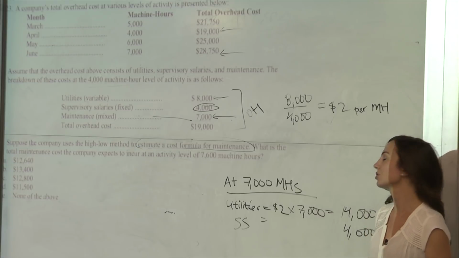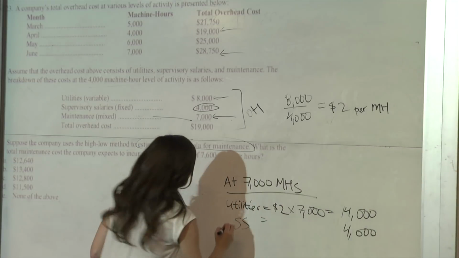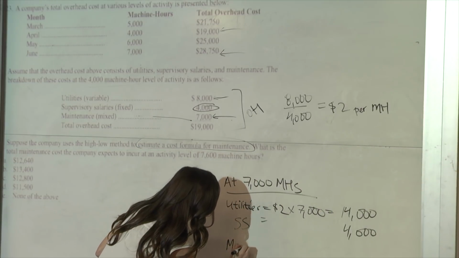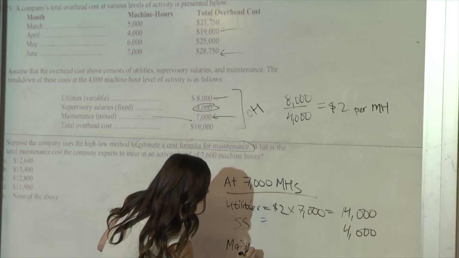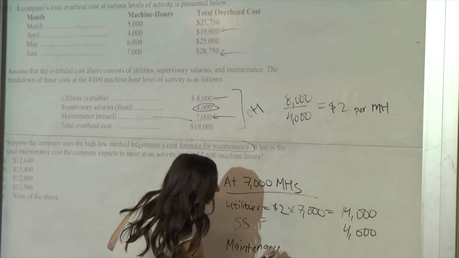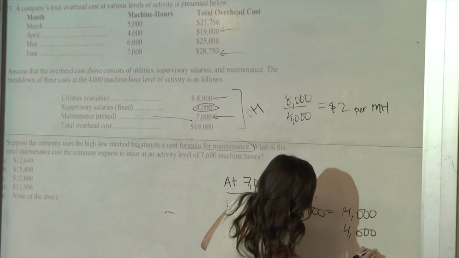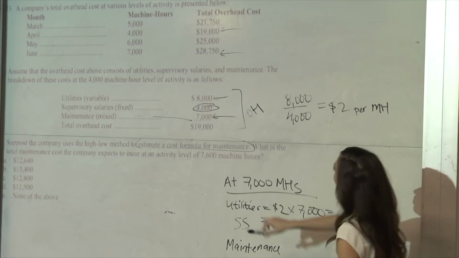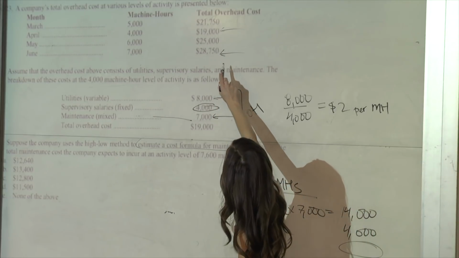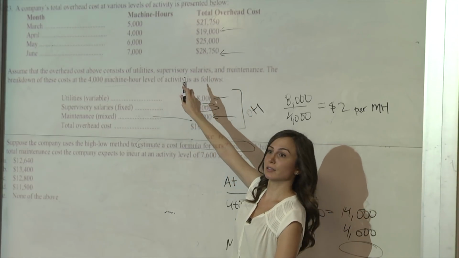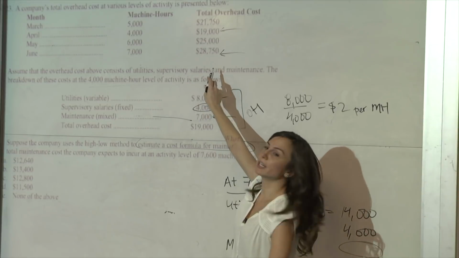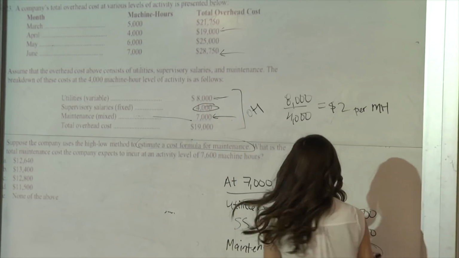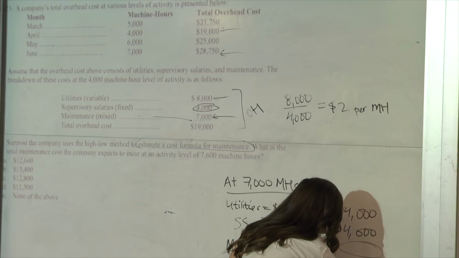It's not going to change. We have this missing piece, which is really what we're interested in. Maintenance. This is the mixed one that we're interested in. We don't know this. However, we do know the total overhead costs at this 7,000 machine hour level. It's $28,750.